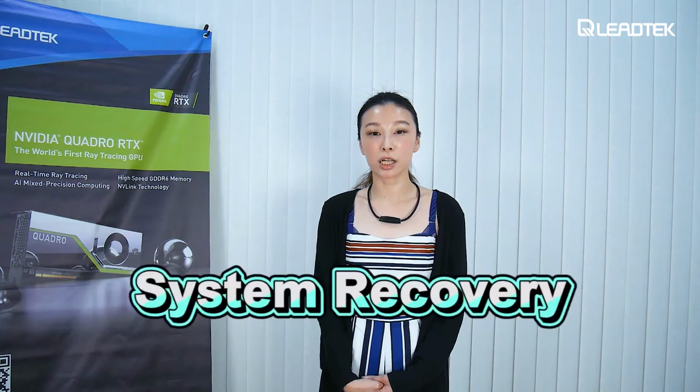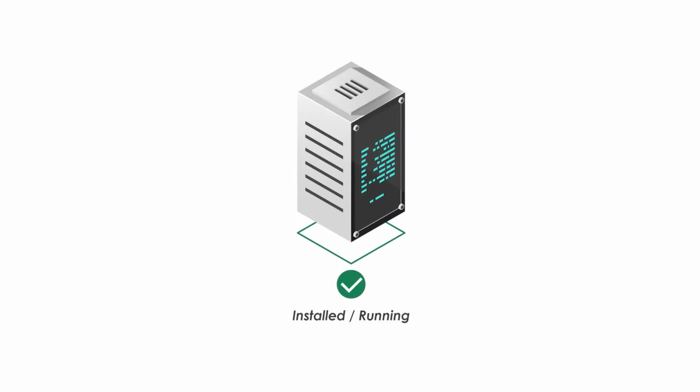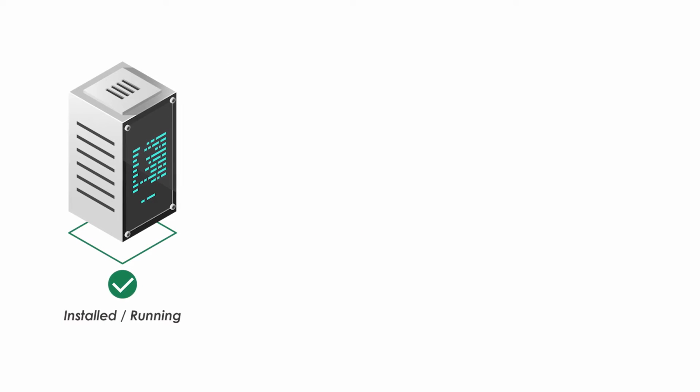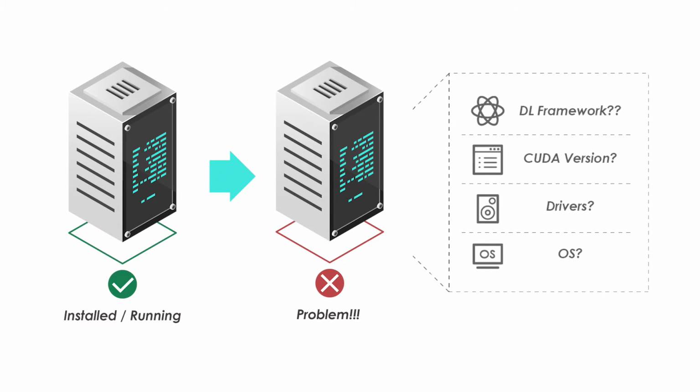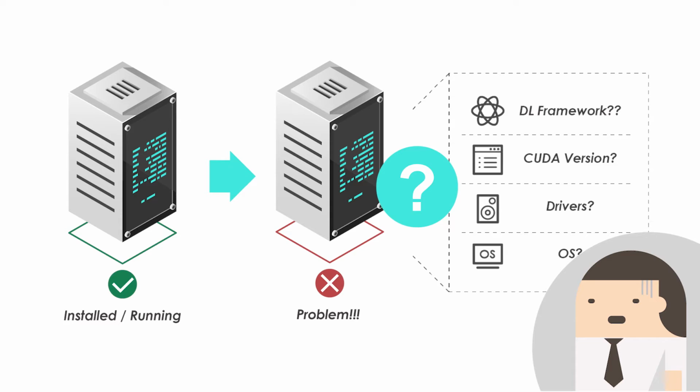I'd like to highlight one key function: system recovery. When you purchase a new RTX AI workstation, you won't find any problem for a period of time. And then, AI developers may start to download new SDKs for testing. Any update has a chance to break all the software, and it's difficult for developers to find out which software versions are compatible.